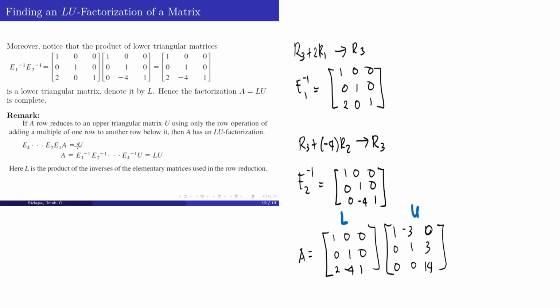So your U is equal to the product E sub k up to E sub 2 times E sub 1 times A. And from this, we get A as the product of the inverses of these elementary matrices times U. Therefore we now have the LU factorization because the product of these inverses is equal to a lower triangular matrix.